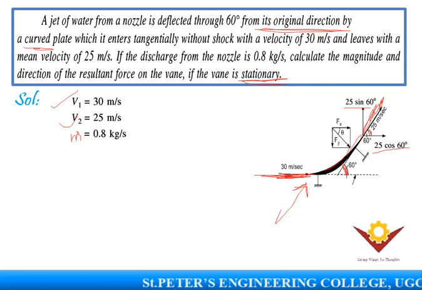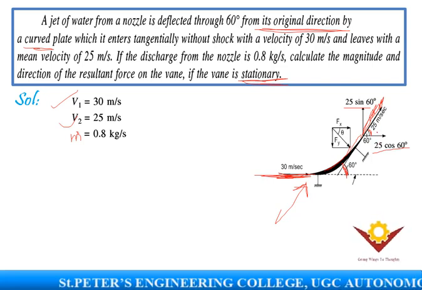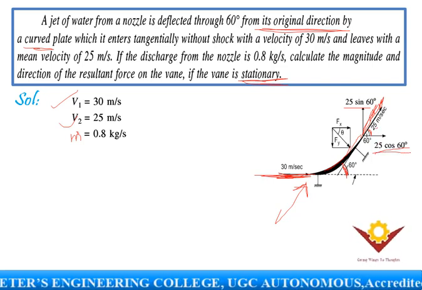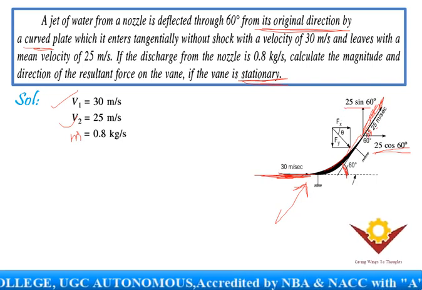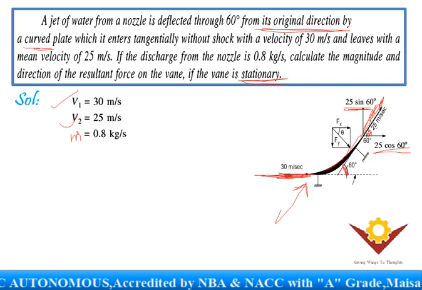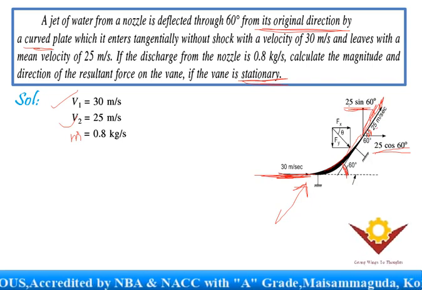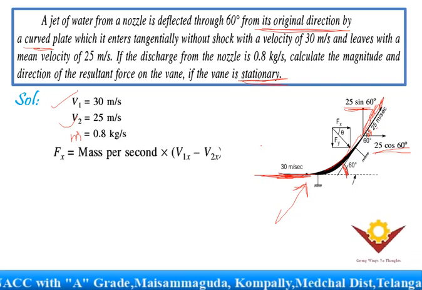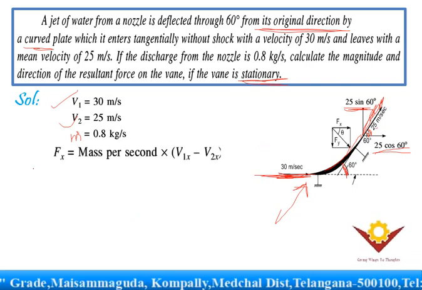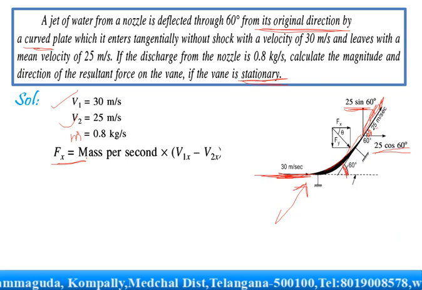So these are the two components of your velocity: 25 cos 60, because we have already 60 degrees deflection, and the vertical component of the velocity, which is 25 sin 60. And now from the impulse momentum equation we have the force in x direction equals mass per second.